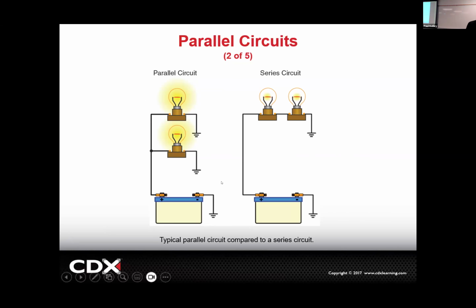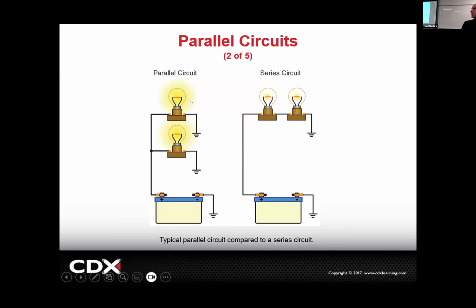Let's talk about what that means. Let's go with 6 ohms and 6 ohms in series. The total resistance would be 12, and you'd have 1 amp flowing in this whole thing. 1 amp here, 1 amp here, 1 amp here, 1 amp here. This is different, right?